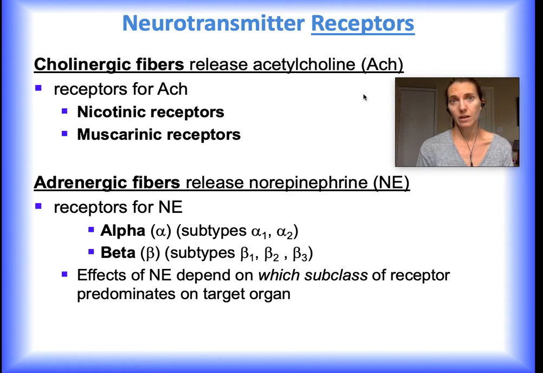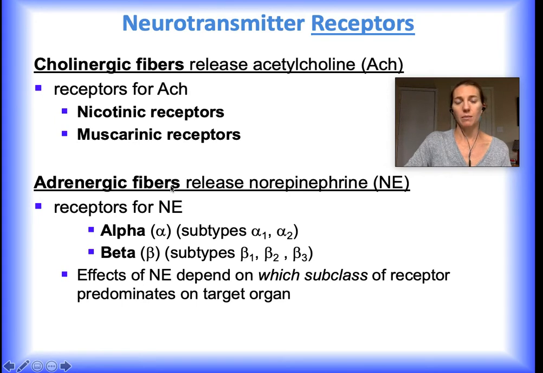And that's going to give us more specificity in certain regions of the body. So with cholinergic fibers, which release acetylcholine, we're going to see two different classes of receptors for that acetylcholine. Receptors are either going to be nicotinic or they're going to be termed muscarinic.